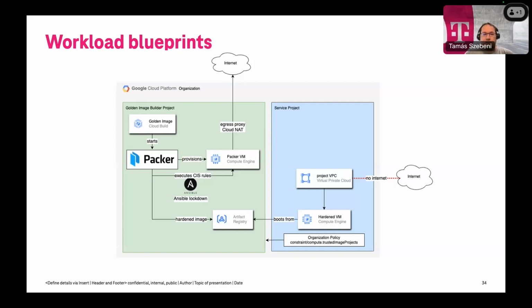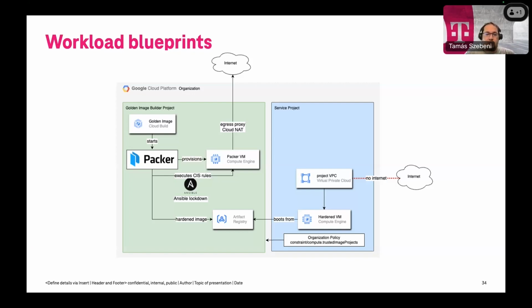And what do golden images mean? They are actually security hardened images that we are building. We are packaging all the dependencies into a single image, and we provide it to the workloads to use, probably for some confidential computing use cases or something like that. We have Cloud Build on the left-hand side, which triggers a build.